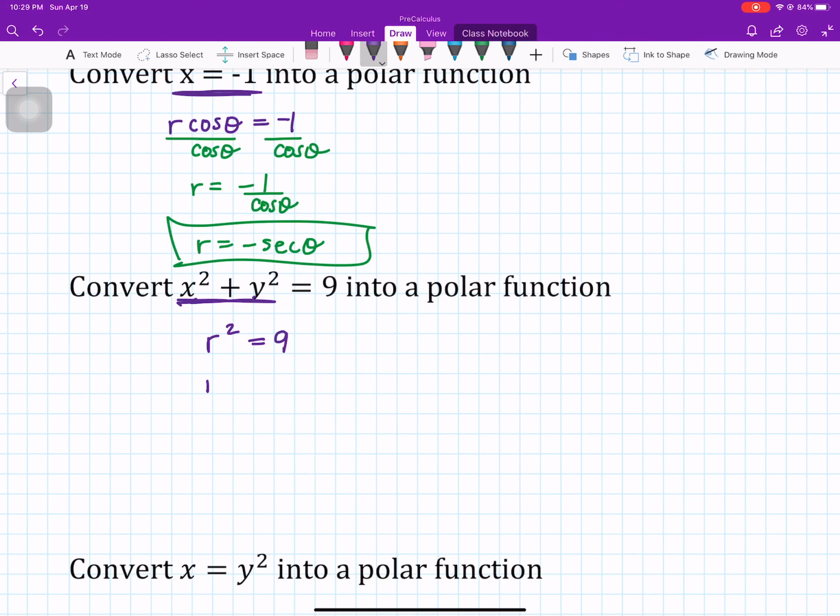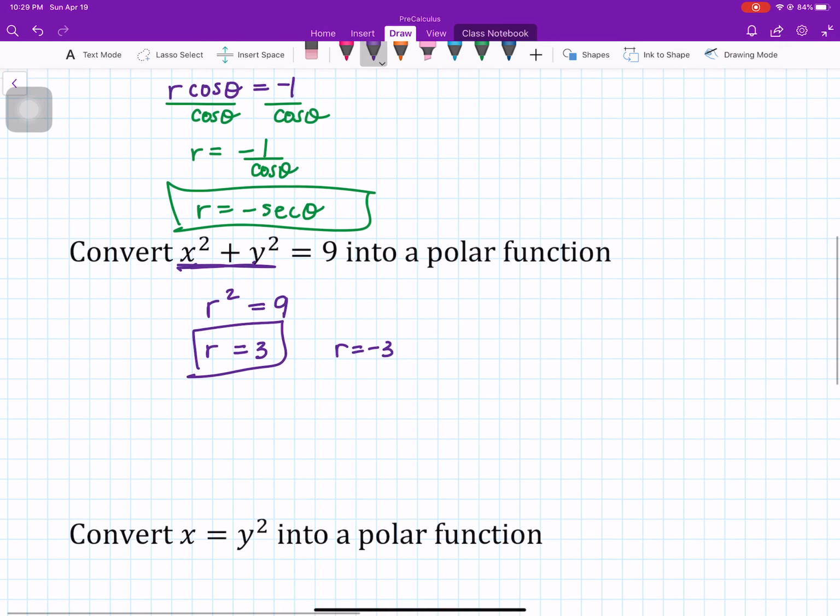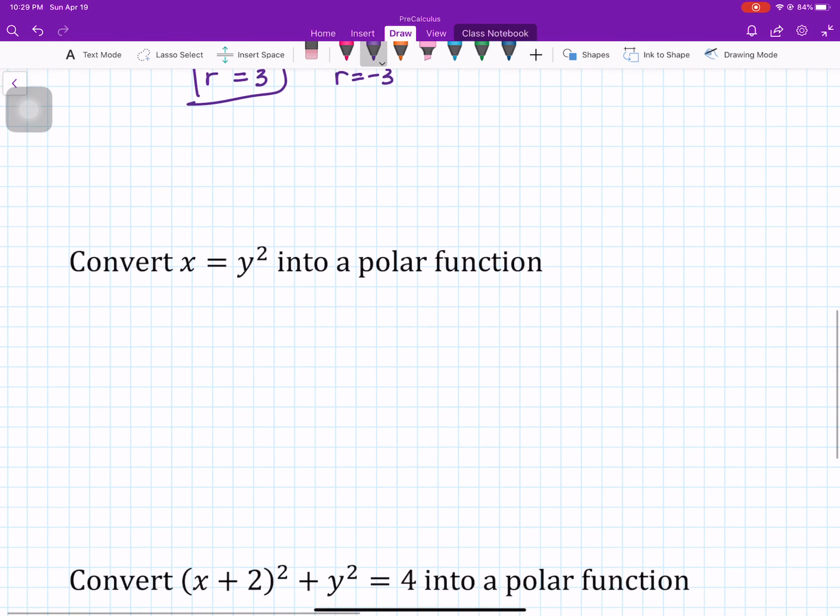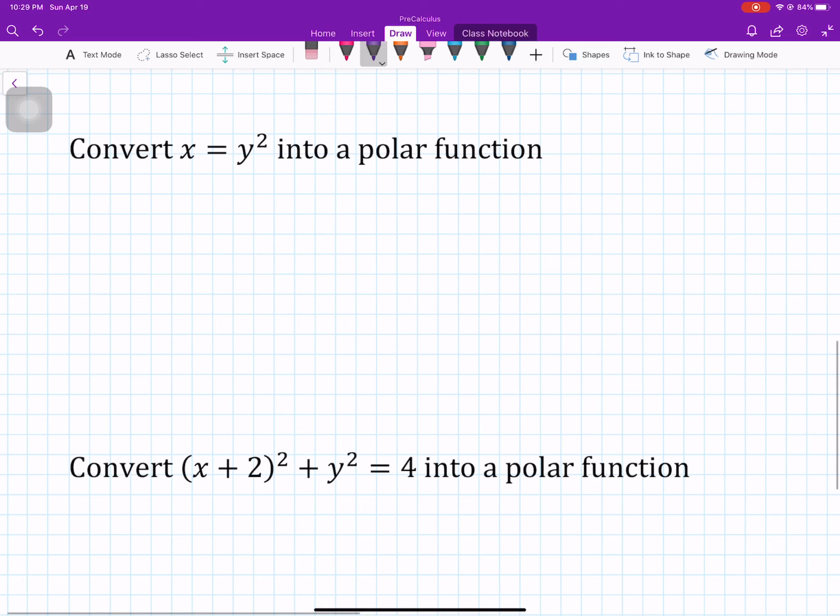Square root both sides of the equation. R equals 3. You could also say r equals -3. It's technically the same thing because it's just a circle of radius 3. So you don't really have to say both. Just one will suffice.